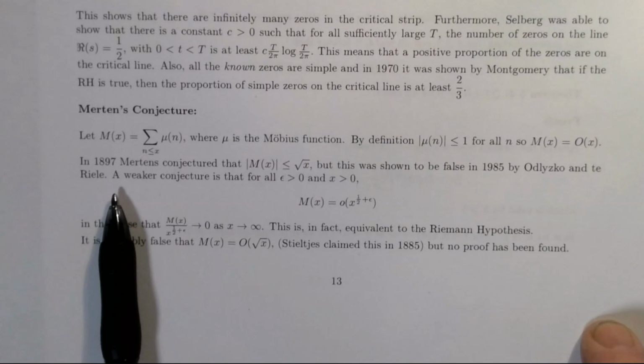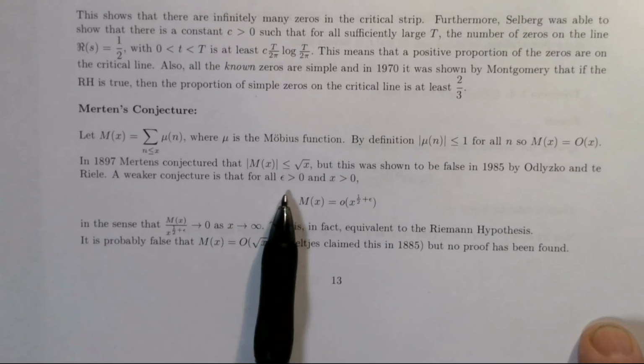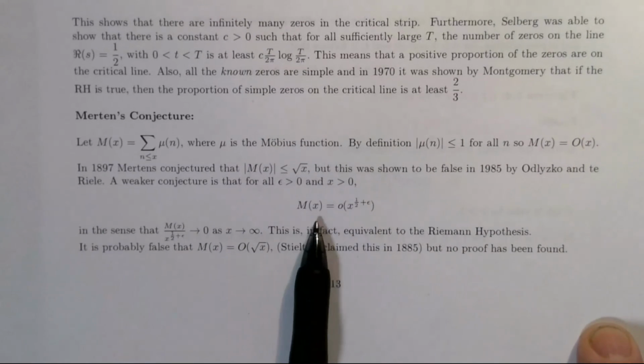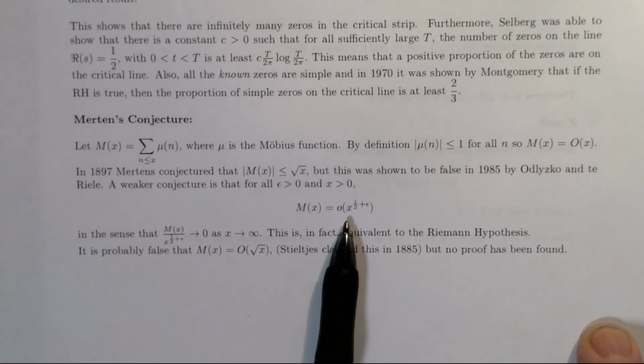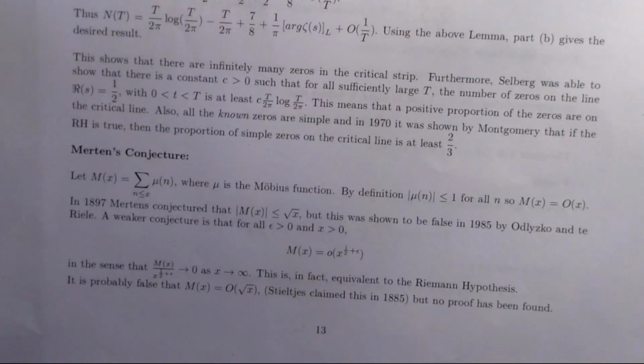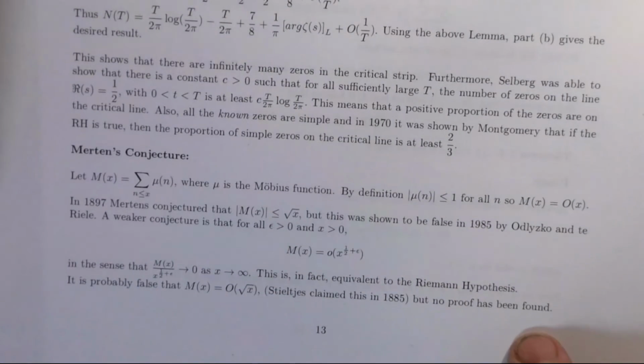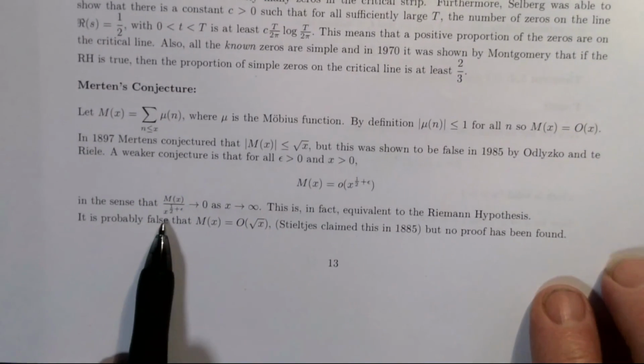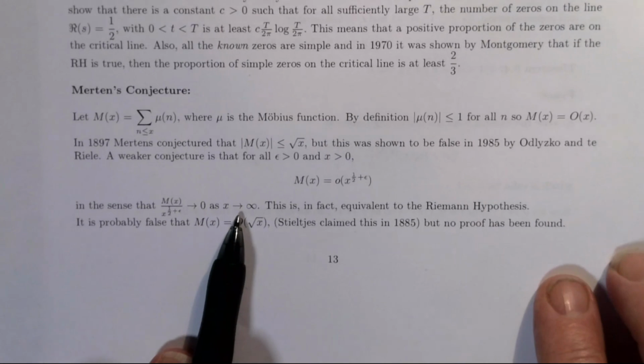A weaker conjecture is that for all epsilon bigger than 0, capital M of x is little o of x to the half plus epsilon, in the sense that when I divide these two, it goes to 0 as x goes to infinity.